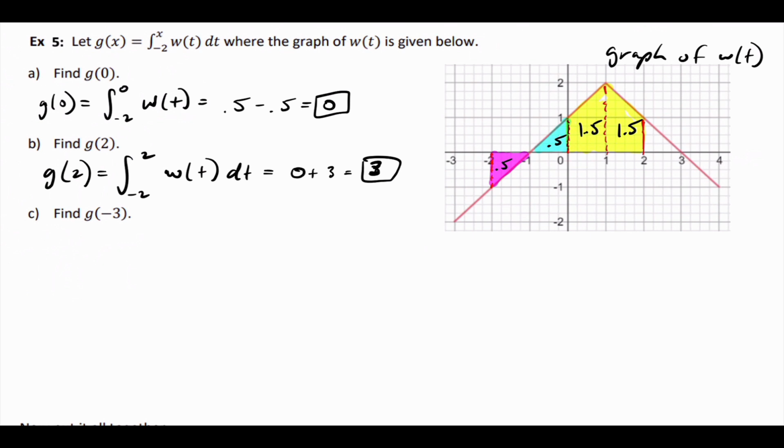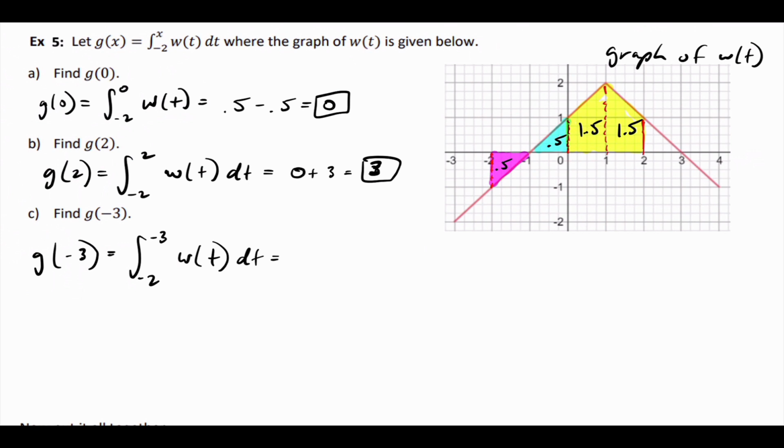Okay, letter C. This is where it gets interesting. So it's the integral from negative 2 to negative 3 of w of t dt. What's the problem with going from negative 2 to negative 3? I can't go left, right?